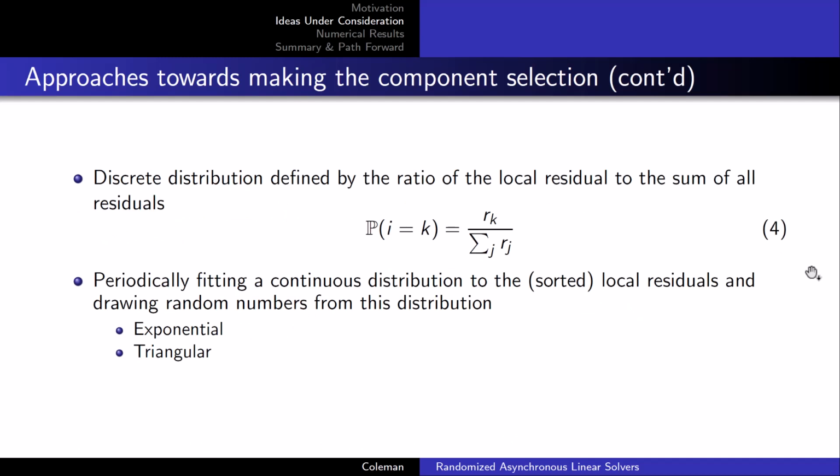So the main two ways we wanted to consider doing this were, starting at the bottom first, to fit a continuous probability distribution to the sorted local residuals. We played with exponential and triangular. Or to look at a discrete distribution defined by the ratio of local residuals to the sum of all the residuals.